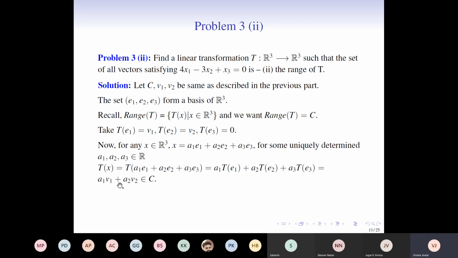So this means that A1 V1 plus A2 V2 is the value of T of X, and that is simply a linear combination of the vectors V1 and V2, which form the basis of C. So this gives us the T that we want, such that all the vectors that satisfy this are the range of T.